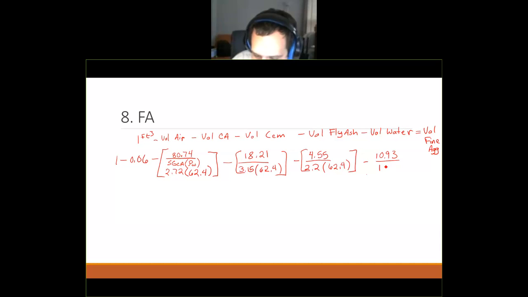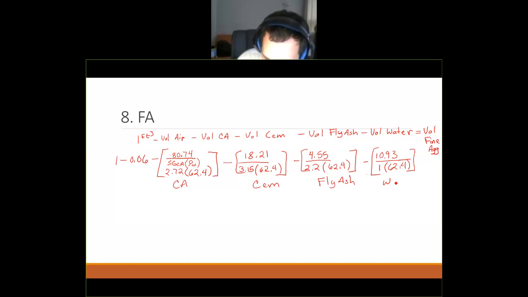Specific gravity is 1. And the unit weight is 62.4. Okay, so this is my coarse aggregate. This is my cement. This is my fly ash. And this is my water.